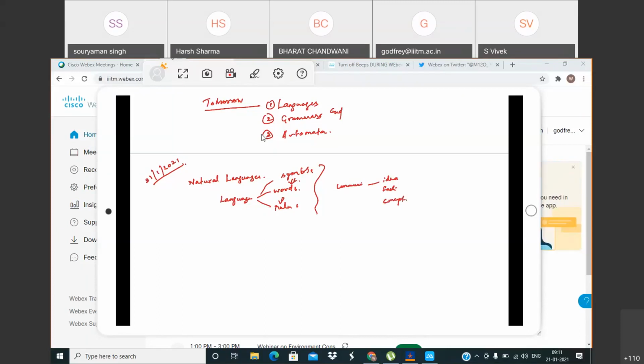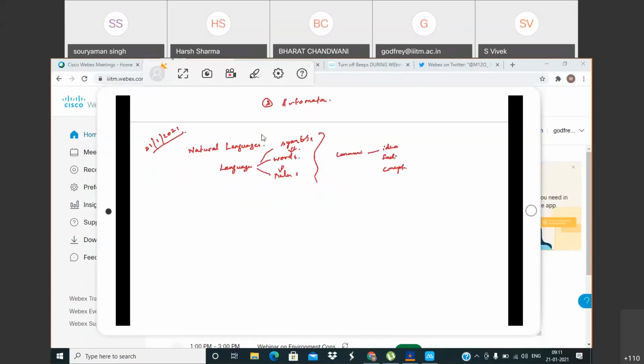Now here, in formal languages, you start with a finite non-empty set of symbols, and these are called alphabets.